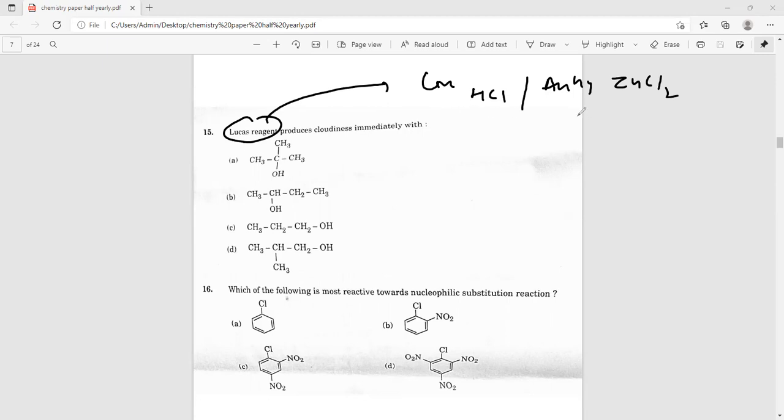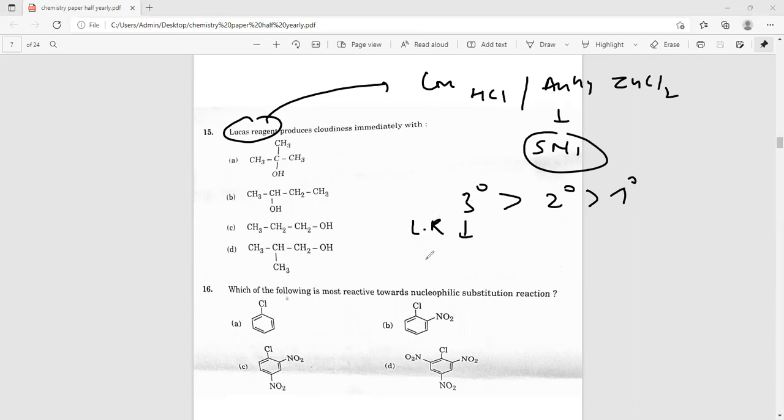It follows the SN1 reaction. And in case of SN1 reaction, it follows the reactivity order tertiary, secondary, and primary. Means in case of tertiary alcohol mixed with Lucas reagent, turbidity appears immediately.